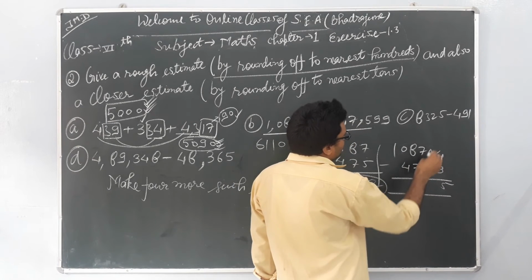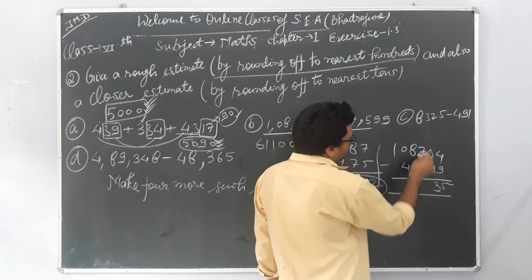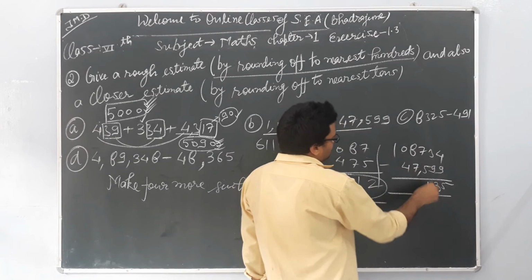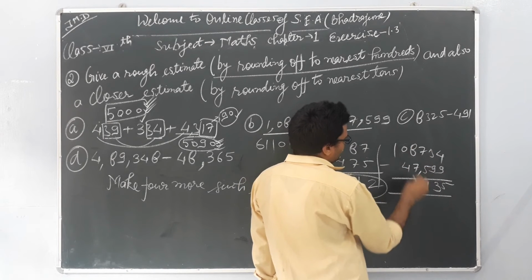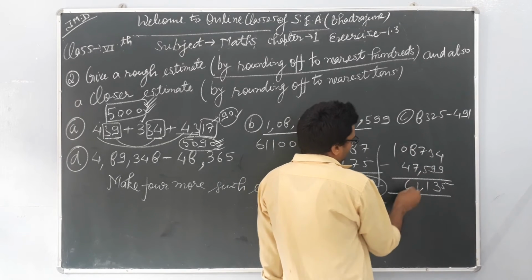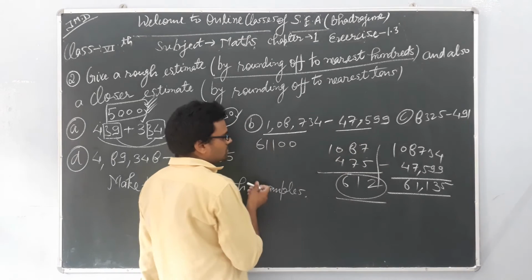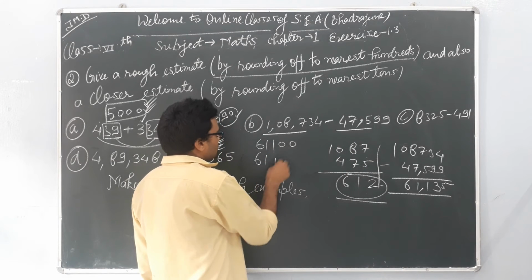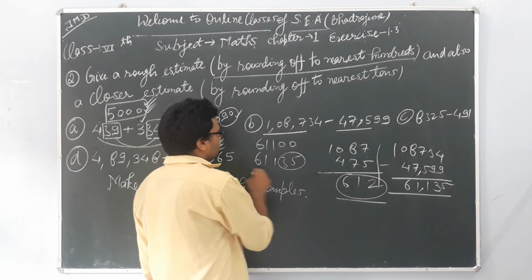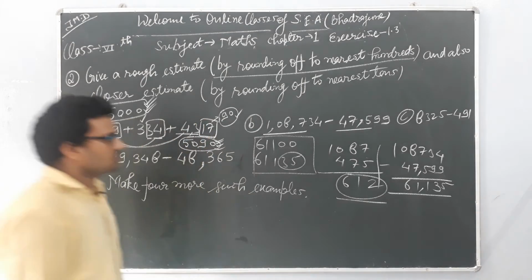Now this is 2, 12 minus 9 is 3, 6 minus 5 is 1, 8 minus 7 is 1, 10 minus 4 is 6. So 61,000. Nearest tens is 35. This is the answer.